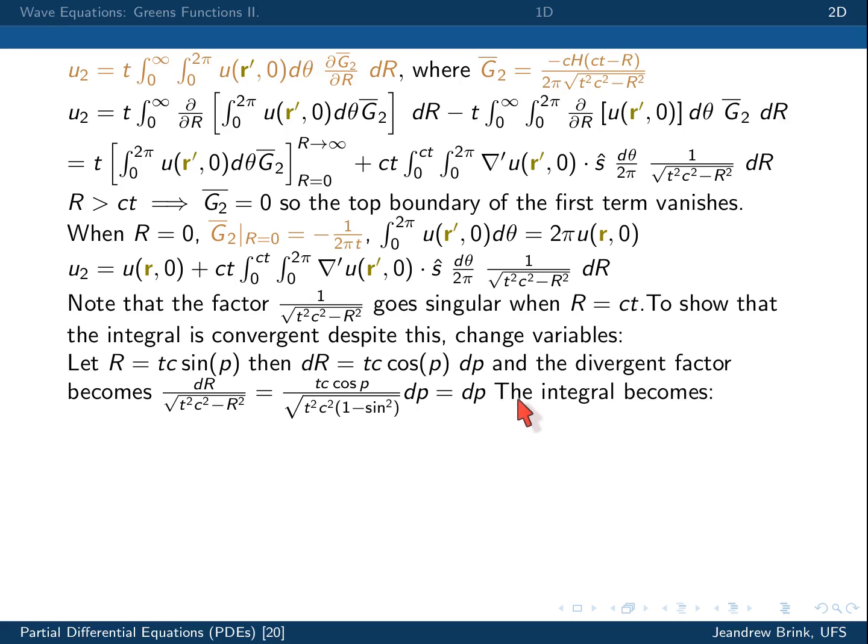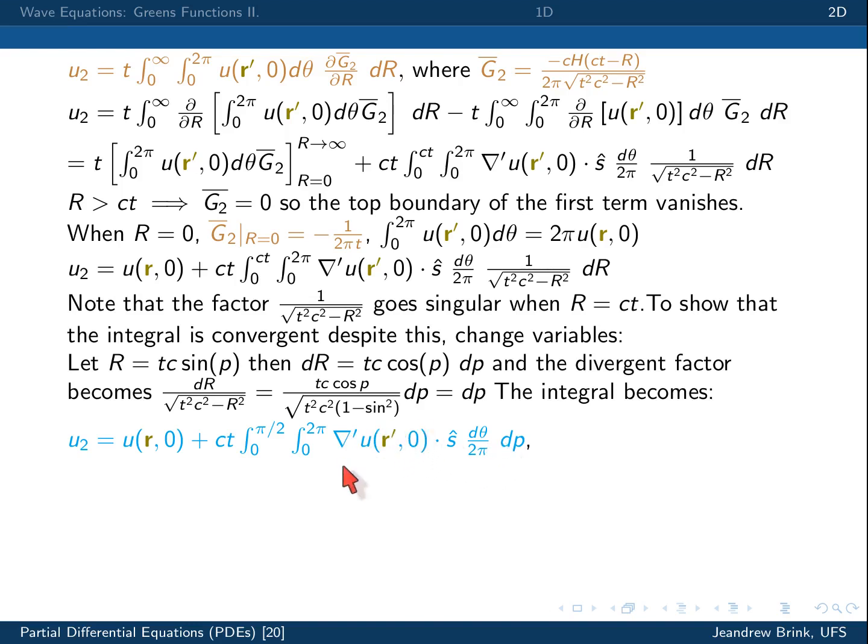We can then express our integral as u2 equals u of r0 multiplied by ct, which is the radius, times this weighted average of the gradient over the whole circle, multiplied by dP.